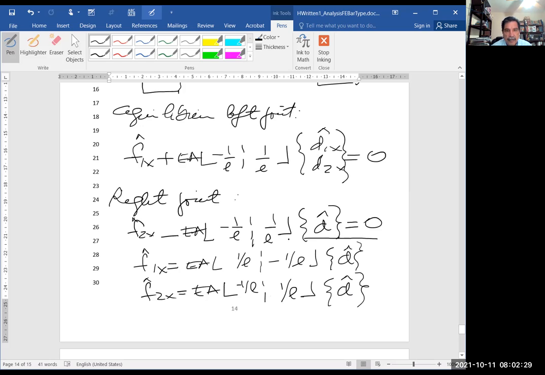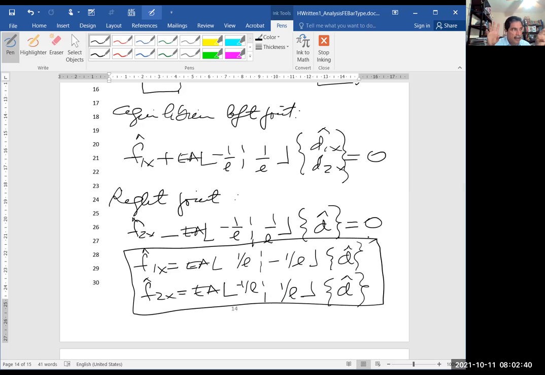So these two equations specify the equilibrium of one and the other joints of every bar.